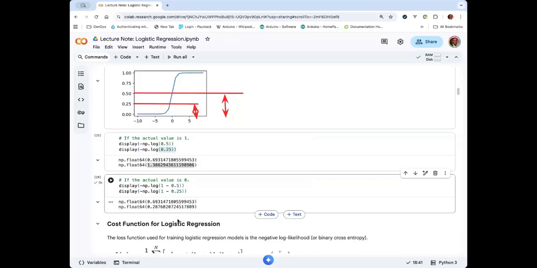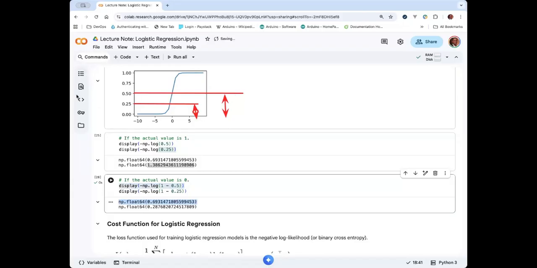So with this, you're now going to see that the cost of me predicting 0.5 when I should be predicting 0 is the same. You can see 0.69. It's exactly the same as the cost of me predicting 0.5 if I wanted to predict 1. Of course, that is correct because you are right there in the middle, right?